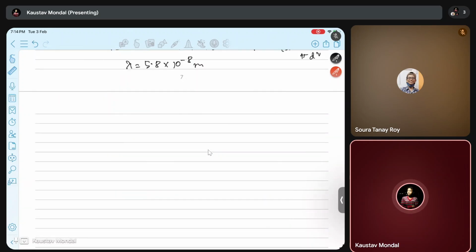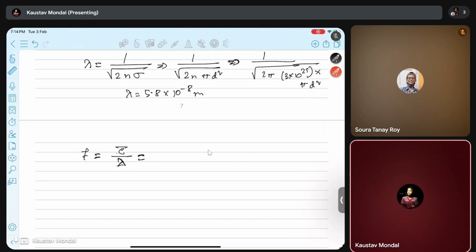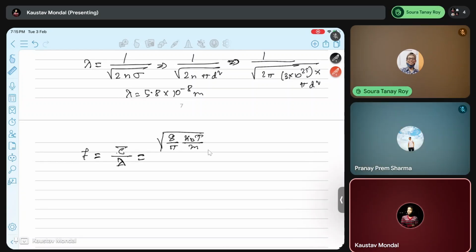Now from here, f is given by c bar by lambda. So c bar is basically root of 8 kbT by pi m, right?